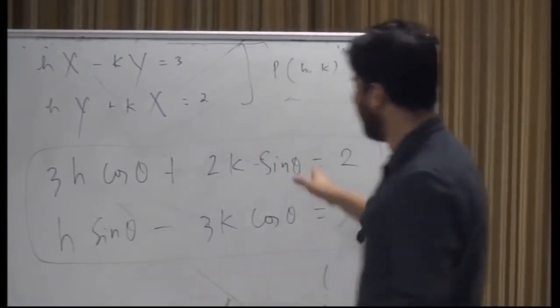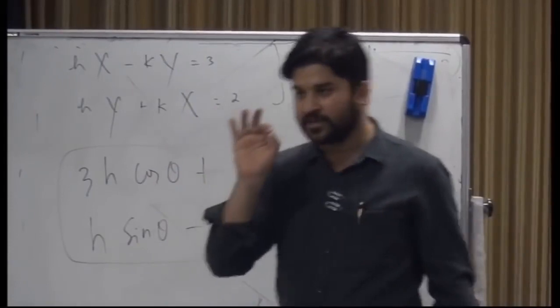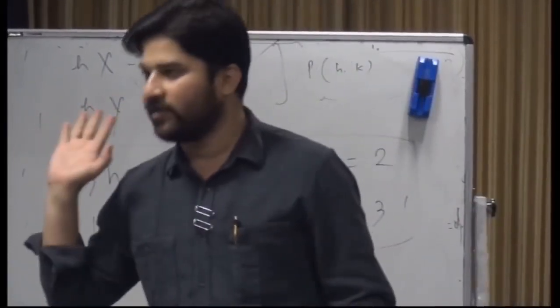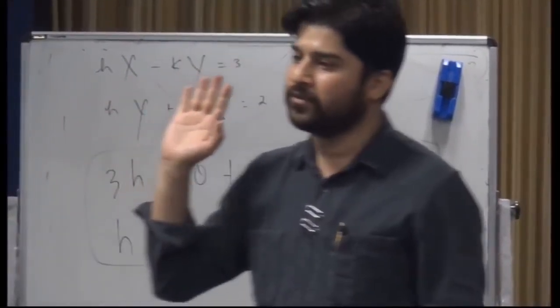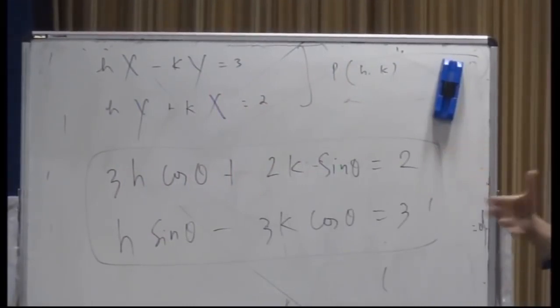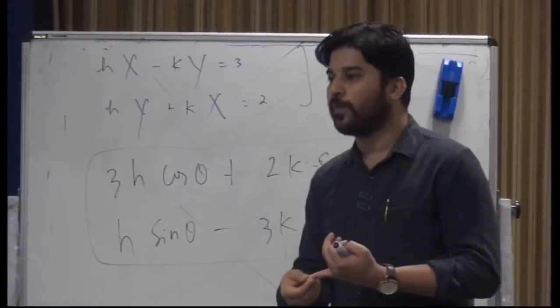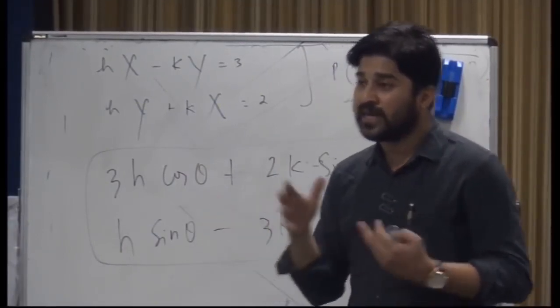Okay? Understood? Clear. Coordinate geometry is one of the most favorite topics of IIT JEE Advanced. 40% of questions normally fall from conics, this coordinate geometry whole, right? And if you are excellent in coordinate geometry, you will have no problem in 3D vector, you will have no problem in calculus.